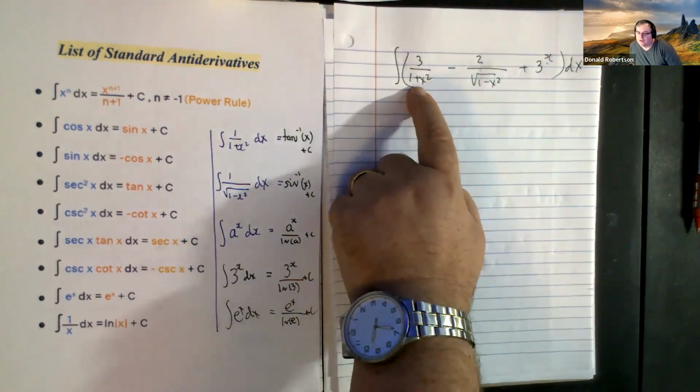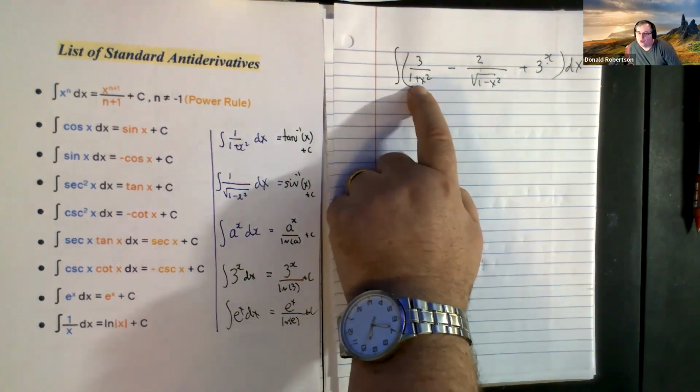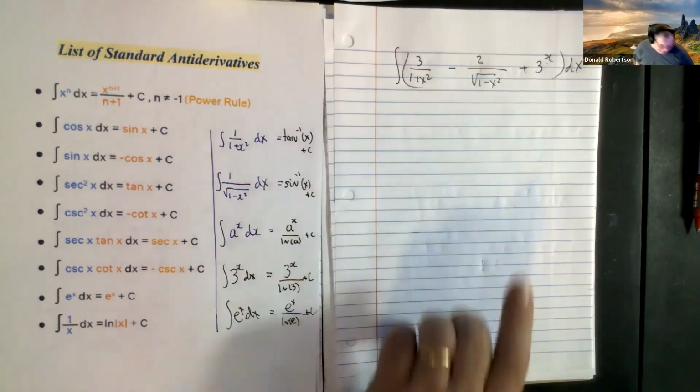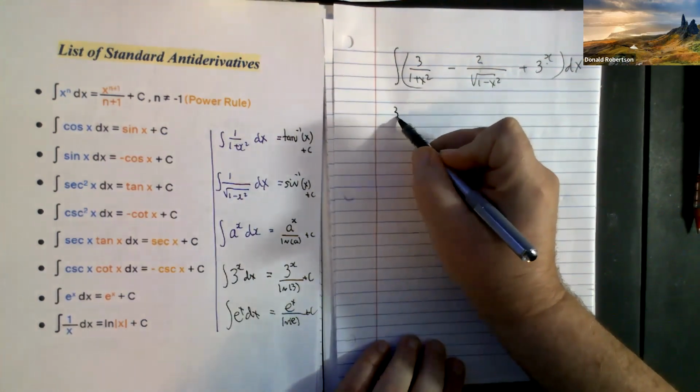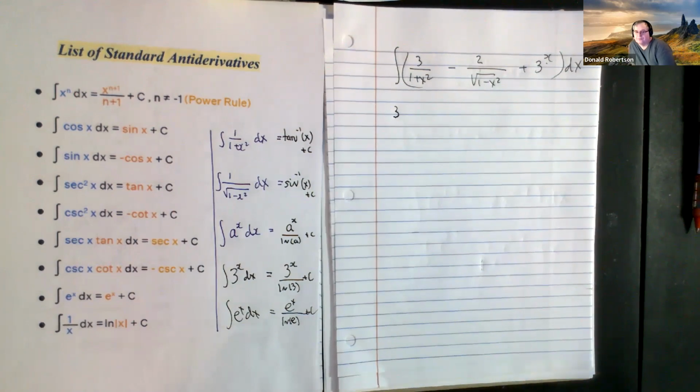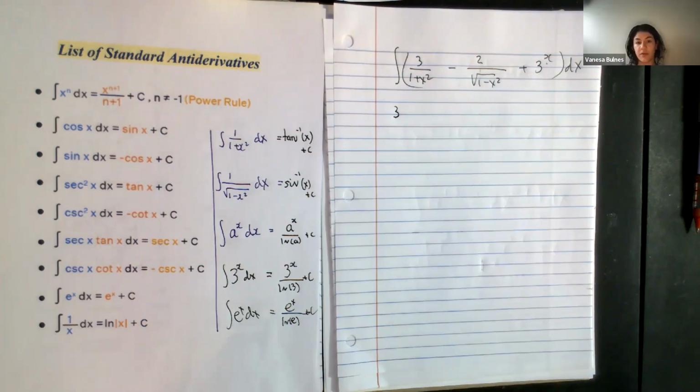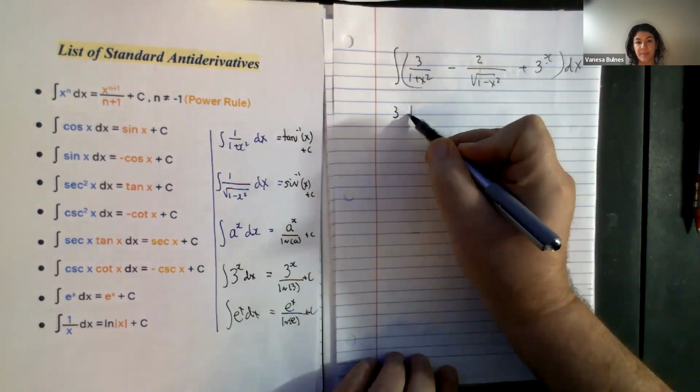So let's start with the first one. What is 3 over 1 plus x squared? What's its antiderivative? Three inverse tan. Correct.